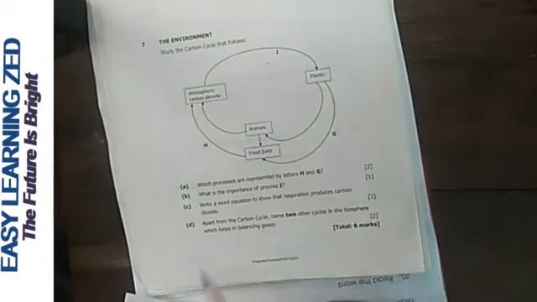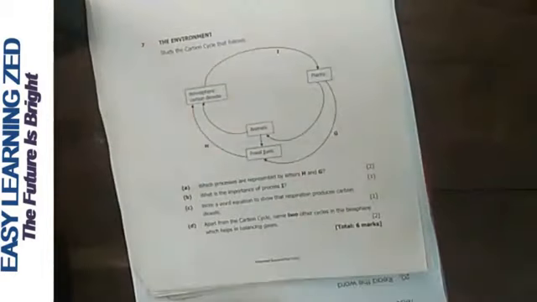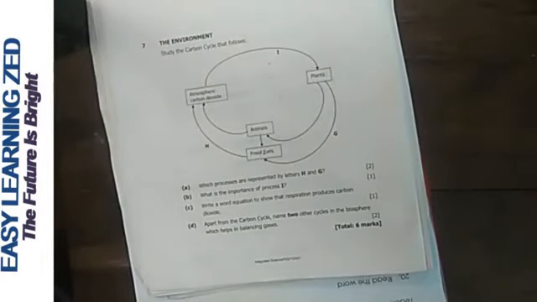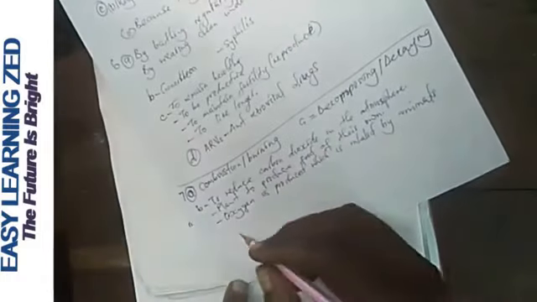Okay, all right, now we go to question 7C. So we have done 7B, we go to 7C. Write a word equation to show that respiration produces carbon dioxide. Okay, right, so we are going to write that.